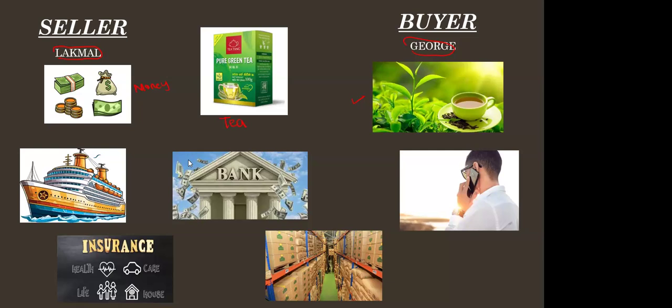Okay, so we'll write the definition. Write the definition for commerce. The process of distributing the final product, in our example, what's our final product? Tea. Distributing the final product to the final customer. Who is our final customer here? George.